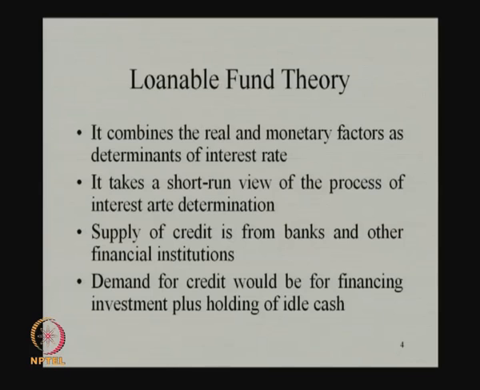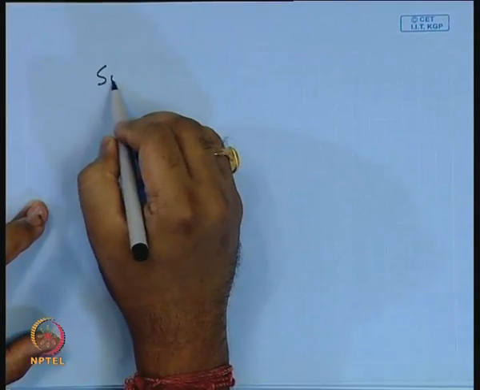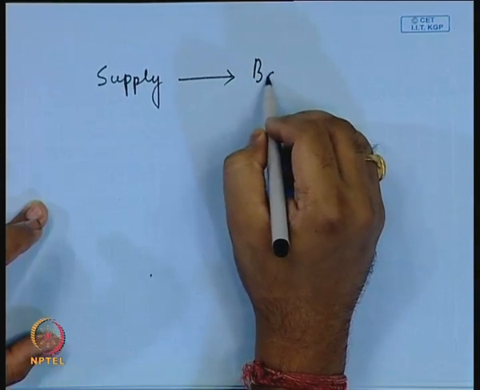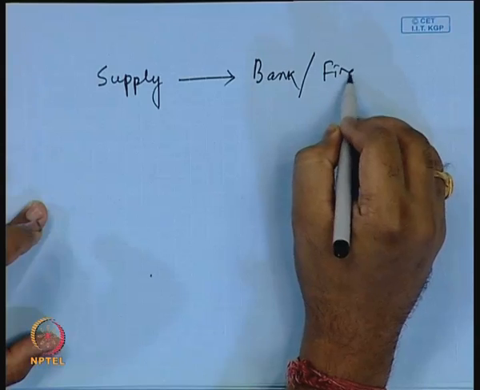Then, which are the demand and supply forces that determine the interest rate here? They said that the supply comes from bank credit, from banks and other financial institutions.